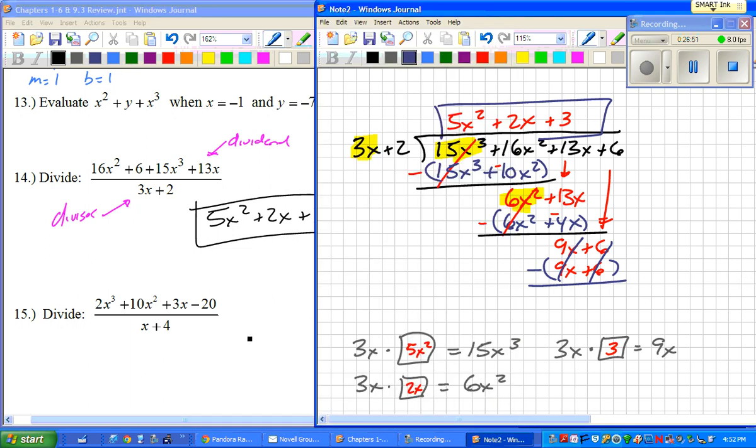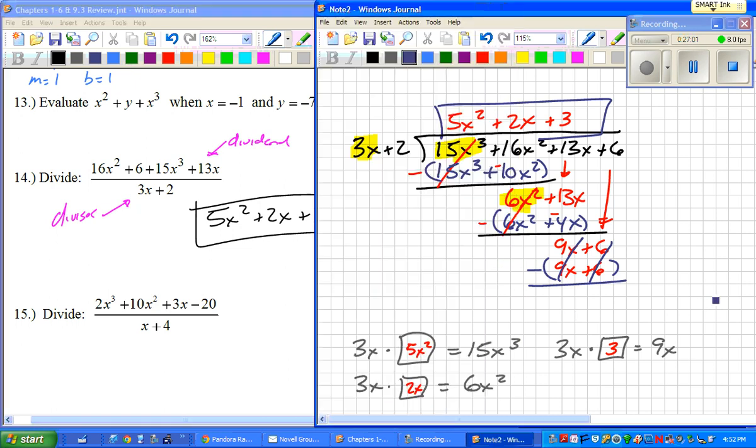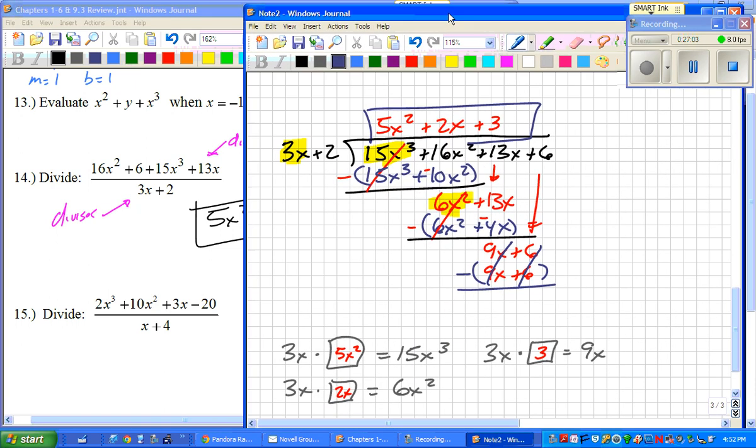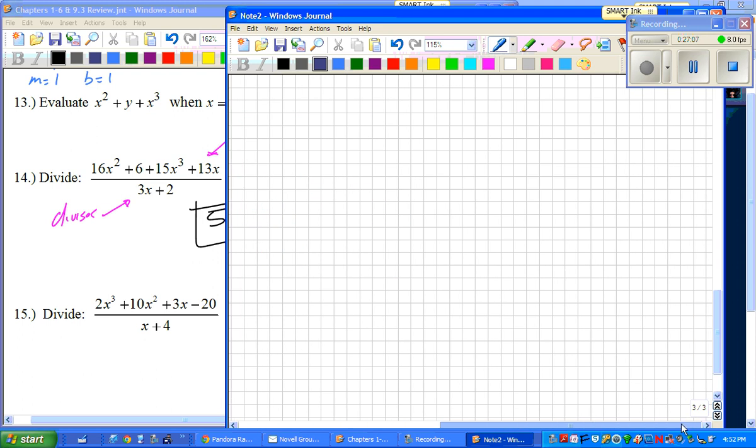Okay? Now, for number 15, you can do two different things. You can do synthetic division, or you can do long division. So I'm going to go through the synthetic division, and I'll just have the answer up, the work for the long division.